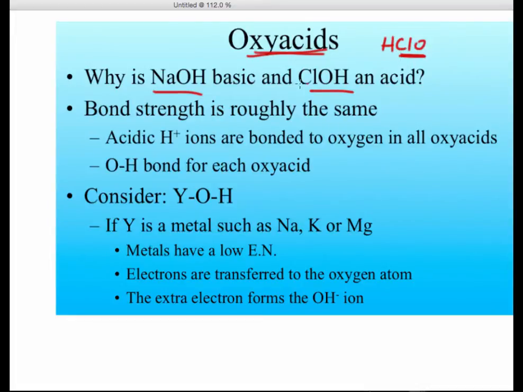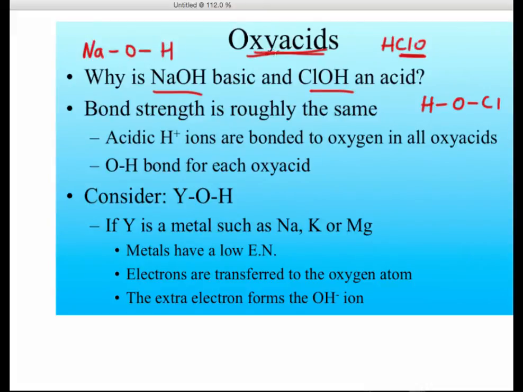Okay. The reason I'm writing it this way is because this is not the way the bond looks. In reality, what happens is the hydrogen is bonded to oxygen and bonded to chlorine. Same thing over here. We have the sodium bonded to the oxygen and bonded to the hydrogen.